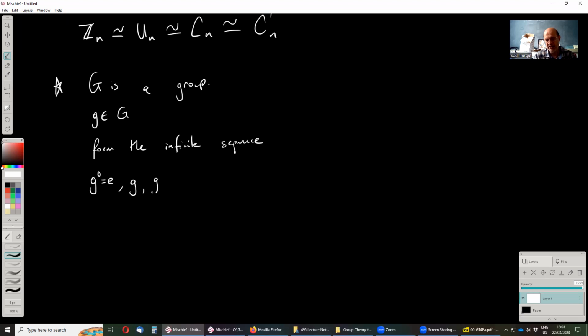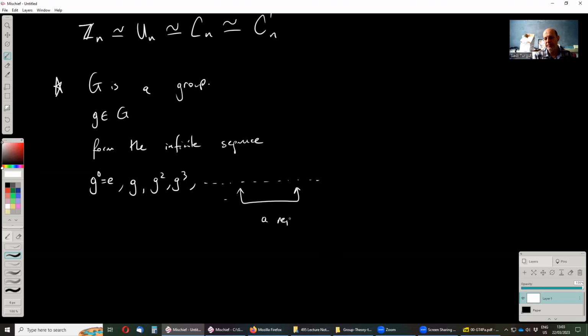Take G squared, G cubed, and so on. I mean, take all the possible powers, right? You don't need to start with identity. You may actually start with minus infinity, for example. We can also think about the negative powers as well, but you don't have to think about this in here. So in any case, one of the questions is, is there a repeated element in here? So is there a repetition, right?